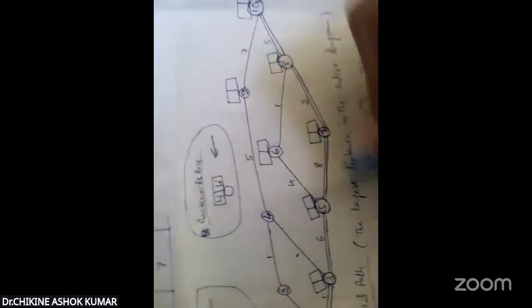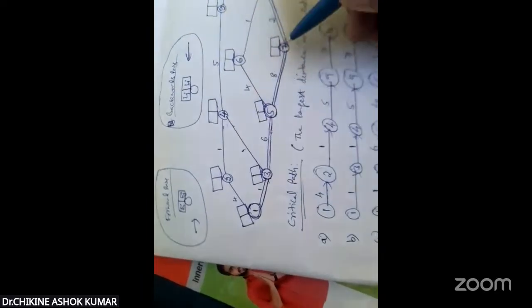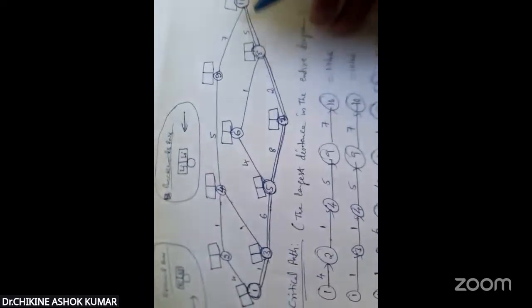First we have to find the critical path events, later we come to the others. See here, what is the critical path? 1 to 3, 3 to 5, 5 to 7, 7 to 8, 8 to 10.